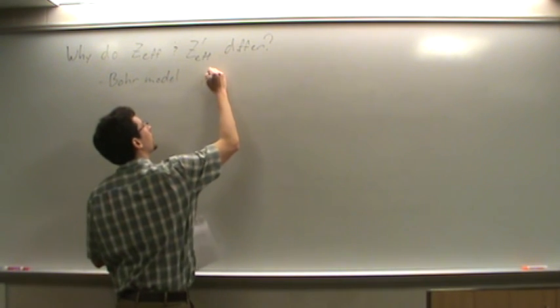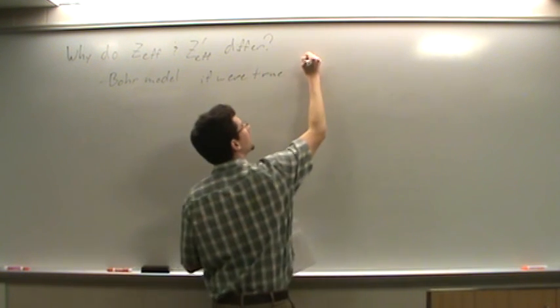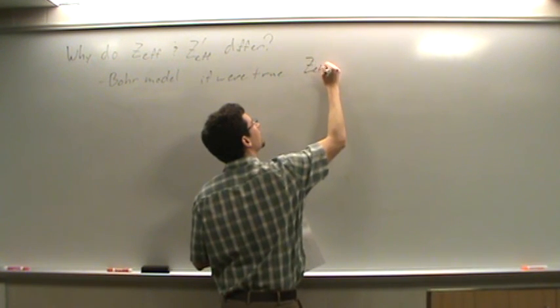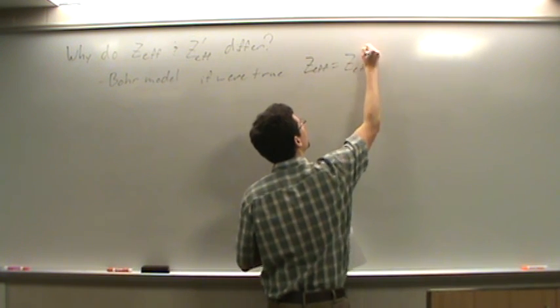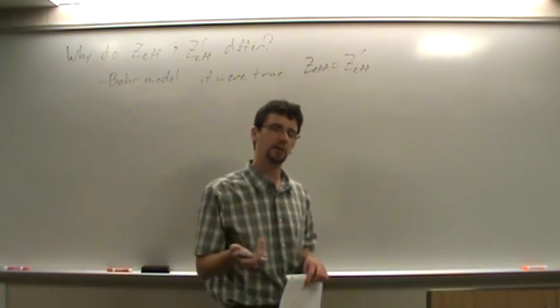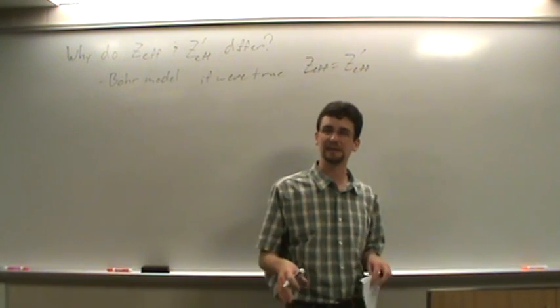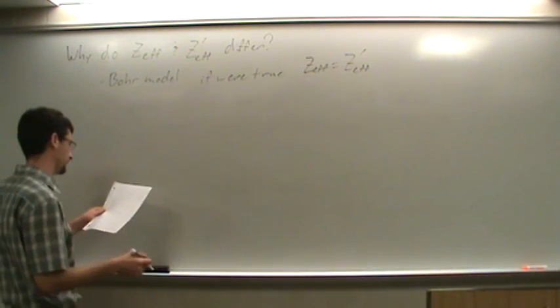If it were true, then in fact our Z effective would equal our Z effective prime. Unfortunately, it's not. The way that it really is, there's electron density around this atom. So there's a probability of finding the electron.